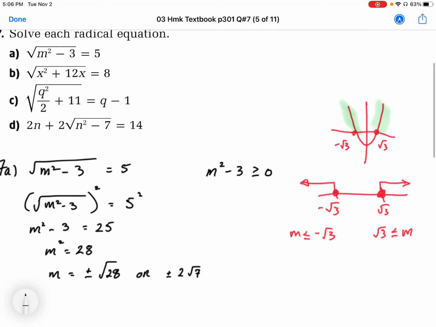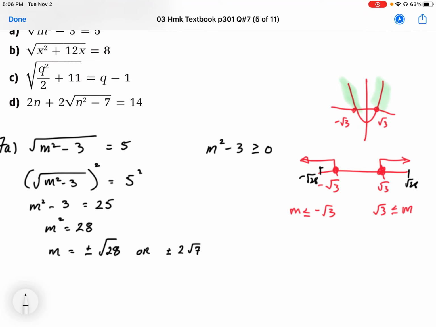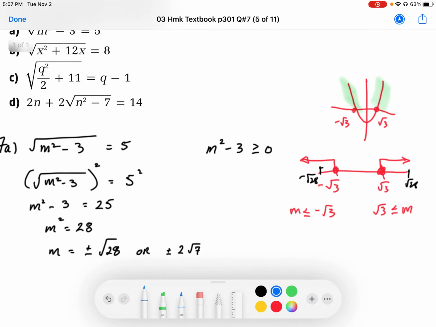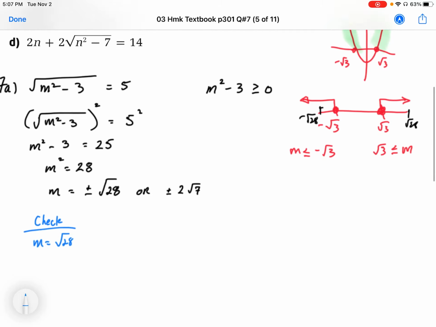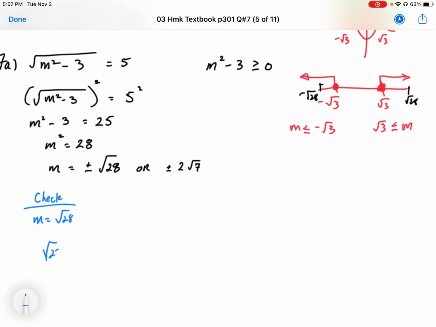Positive root 28 is within the domain, and negative root 28 is also within the domain of the equation, so both are good solutions, but we should really check them. We check for extraneous solutions by plugging in. With m equals positive root 28, we get the square root of root 28 squared minus 3 equal to 5.